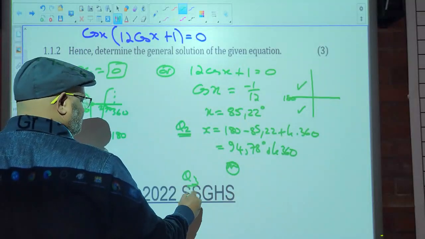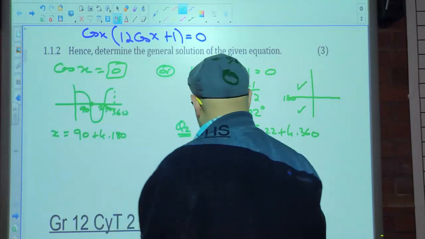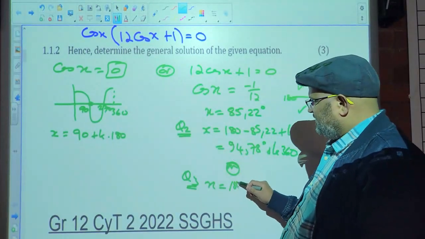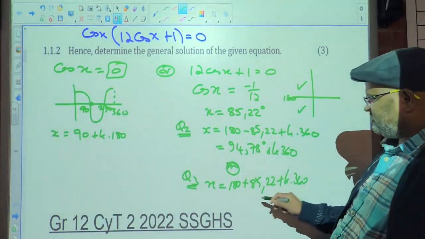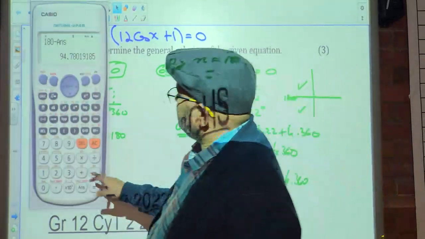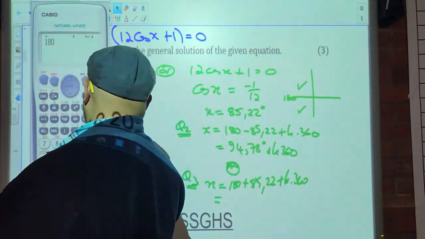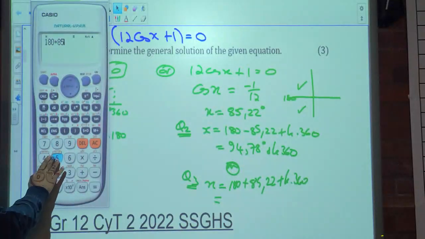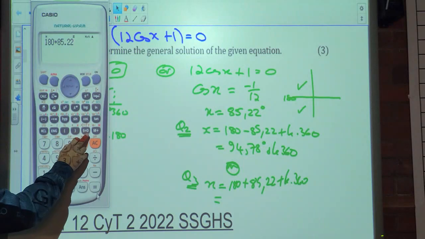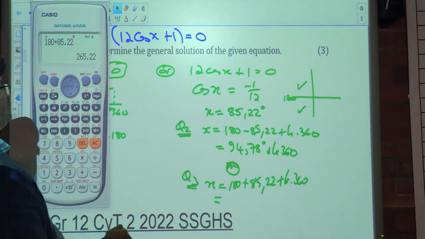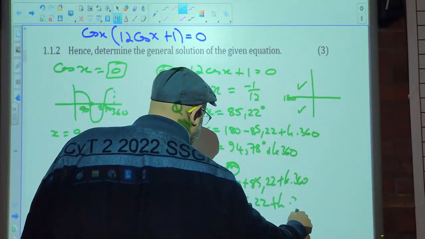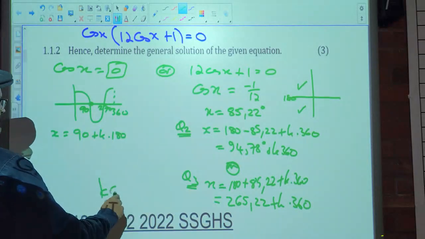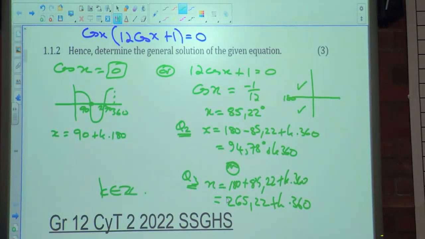Or quadrant 3, which is x is equal to 180 plus 85.22 plus k times 360, which gives us 265.22 plus k times 360. Do not forget, k is an element of the integers. That suffices for all three branches. Okay.